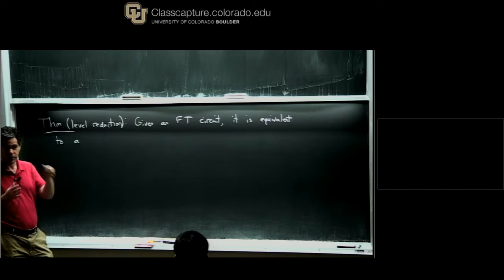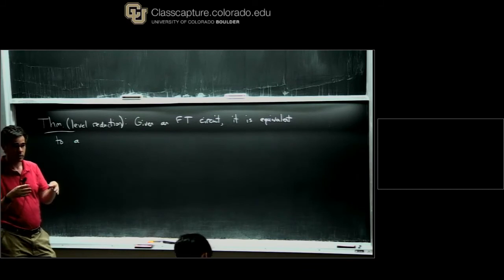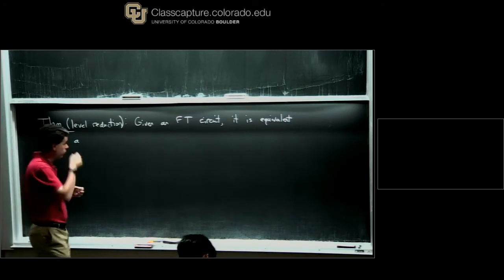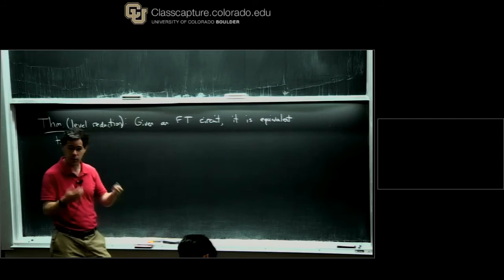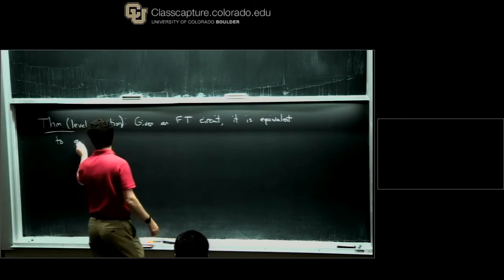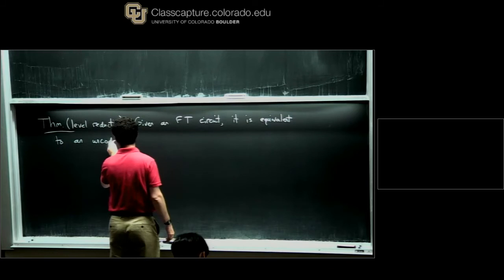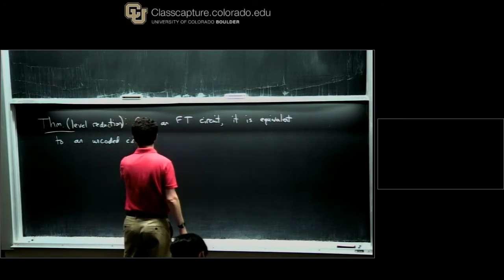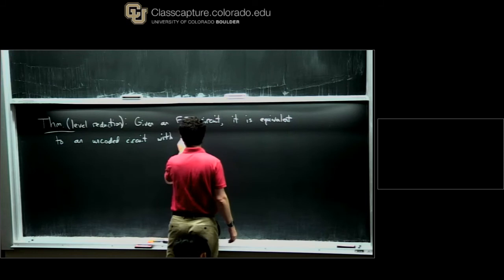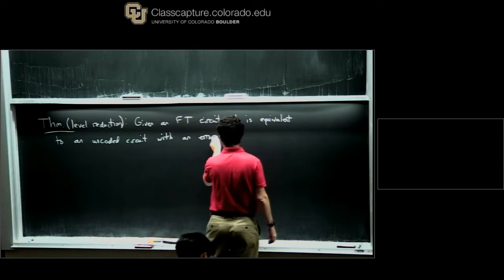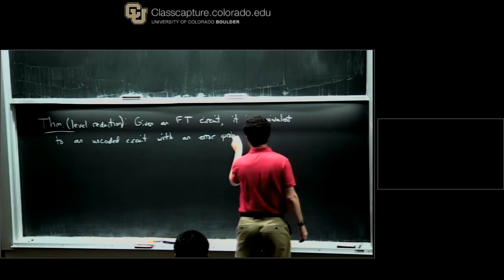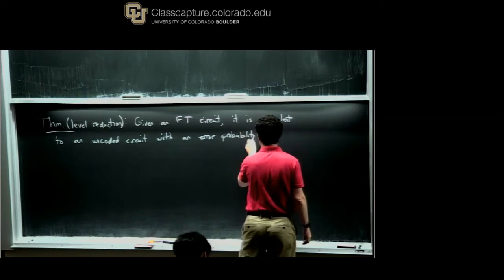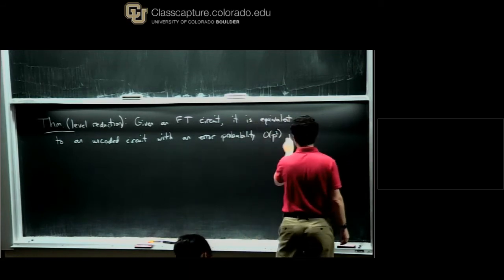So each good XREC creates a gate that has no error, each bad XREC creates a gate that has an error. And we have bad XRECs with probability O of p squared. So our encoded circuit is then equivalent to an unencoded circuit with an error probability that's O of p squared per gate.